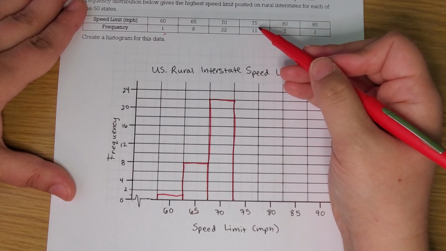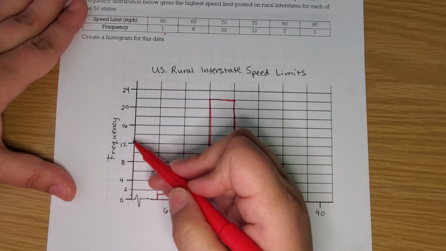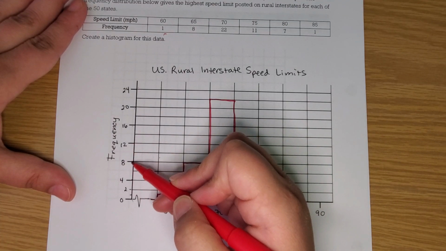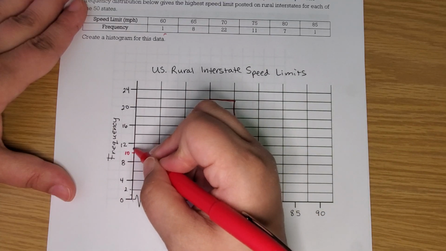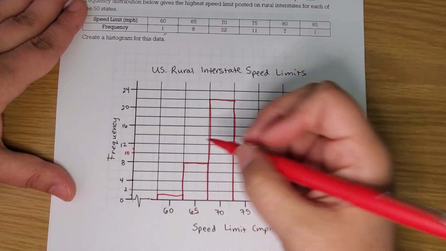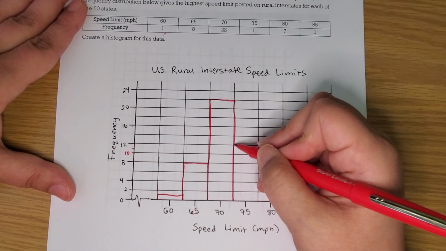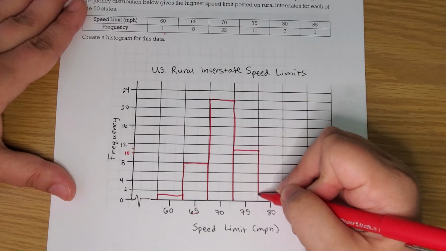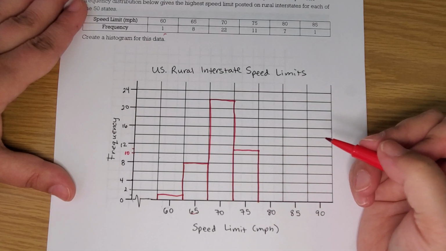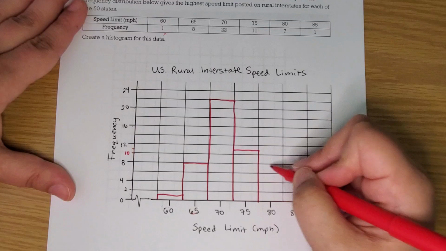The next one is 11. So this is 12. This is 8. Halfway between is 10. So 11 is going to be halfway between 10 and 12. So if this is 12, this would be 11. Then we have 7, which is going to be just below 8.